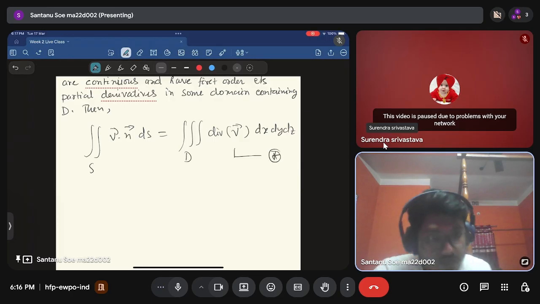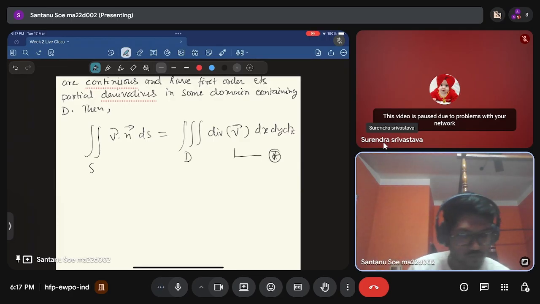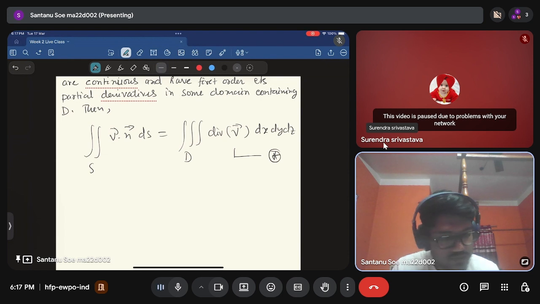Okay, so Gauss divergence theorem is all about a closed and bounded region. Basically you have a surface enclosing a region D, and the integration over the surface is the same as the triple integration inside the region D. But you have to just calculate the divergence.